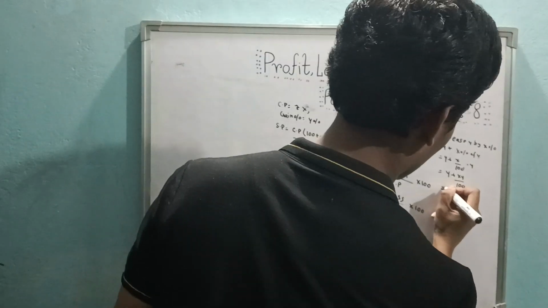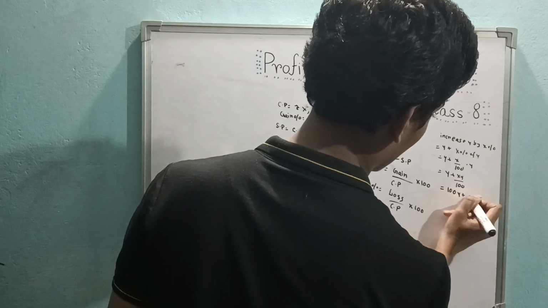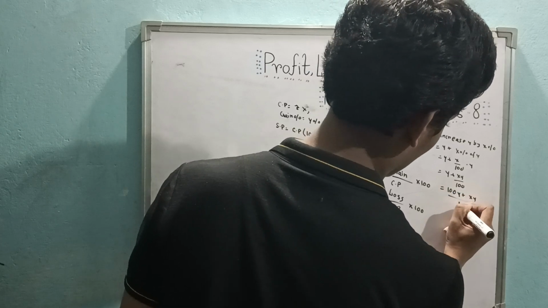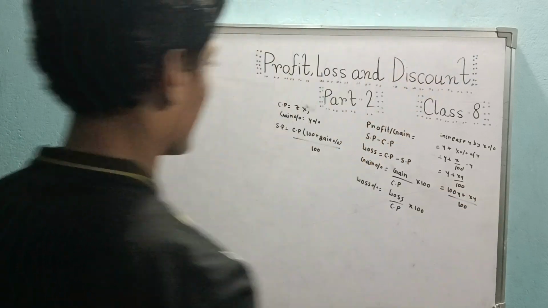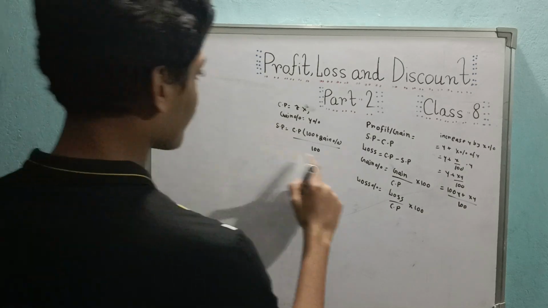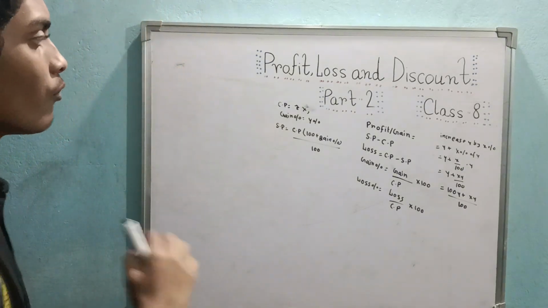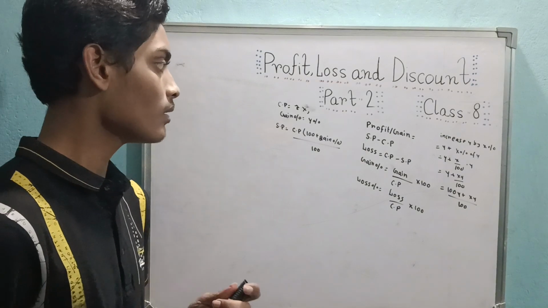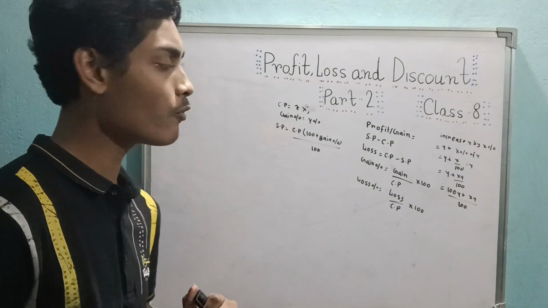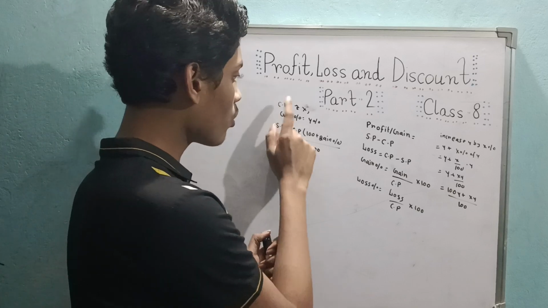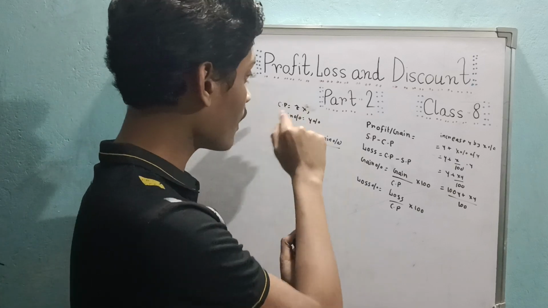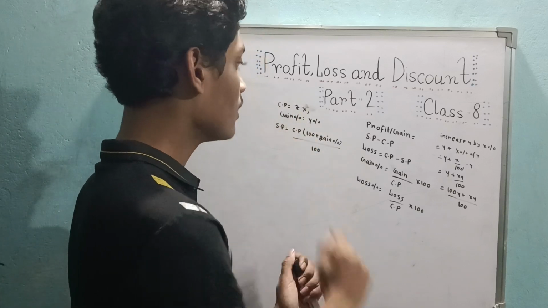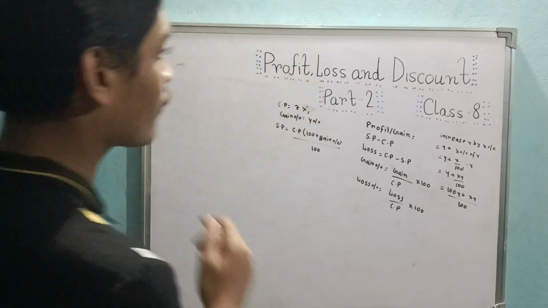So this is 100y plus xy by 100. Now see how this is matching. This is the formula when you are given cost price and gain percent: selling price equals cost price multiplied by 100 plus the gain percent, which is y, divided by 100.